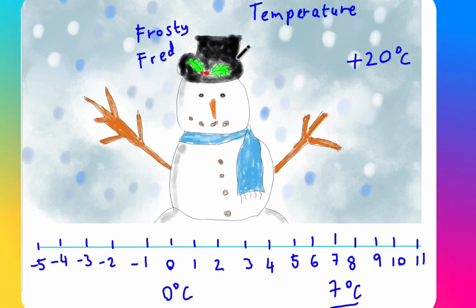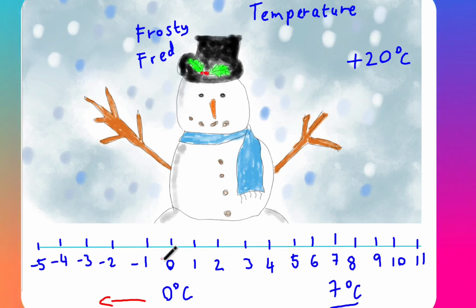For Frosty Fred to exist, the temperature in this country or in any other country will have to be below 0 degrees Celsius. You may not have got your head around this, that we can have negative numbers and positive numbers, but this makes a lot of sense if we have a cold temperature and we understand that our temperature has gone below 0 degrees.